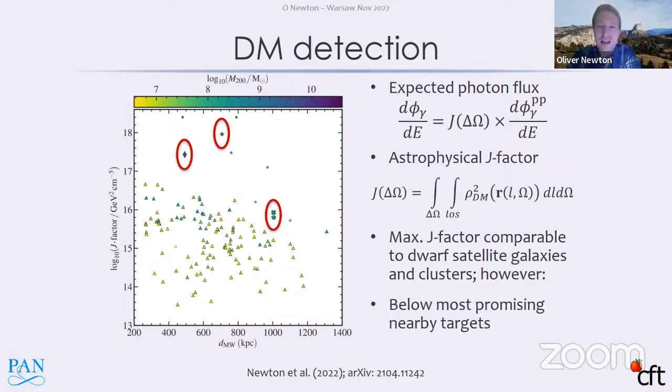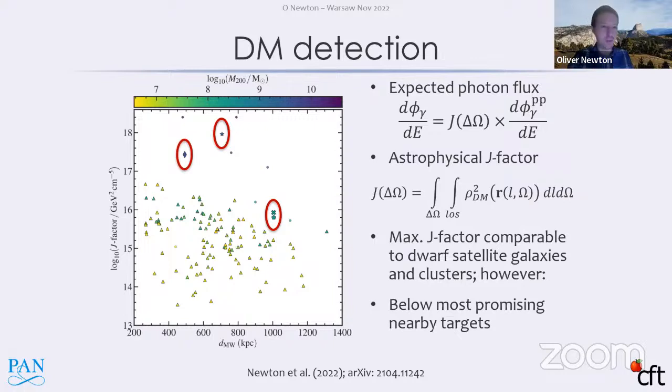And then you also have the second part, the astrophysical J factor, which is more useful to us as astronomers, that it encodes things that are astronomically relevant, such as the distribution of that dark matter. And basically it tells you how much dark matter you have in some opening angle along the line of sight to your object, and acts as a scaling term for the photon flux from the particle physics component. So basically, higher J factor means you'll get more flux from a given object compared to another object with lower J factor.